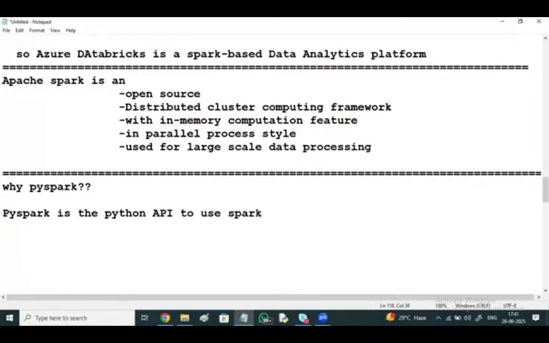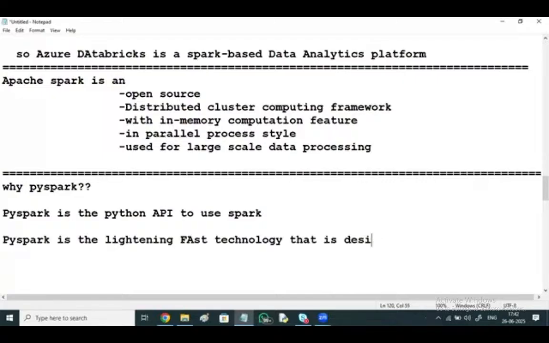PySpark is a lightning fast technology that is designed for fast computation.